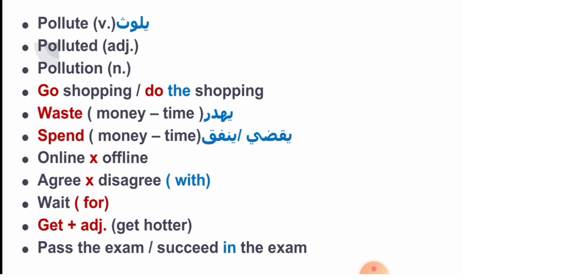Take care here. We have pass the exam and succeed in the exam. Both are equal in meaning, but succeed is followed by the preposition in. What about pass? It isn't followed by a preposition. Pass the exam and succeed in the exam.